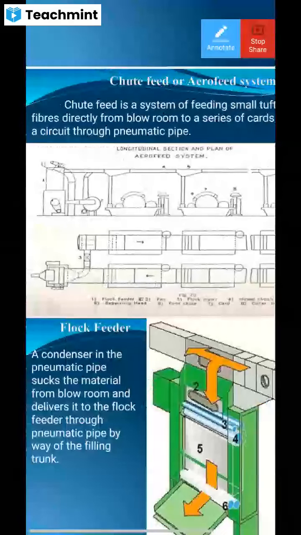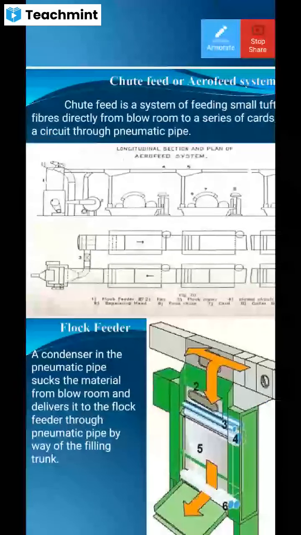One blow room line, one scutcher unit, is able to supply 7 to 10 carding machines. Circuit means a continuous flow of current, here a continuous flow of material, arranged in series form, line form, circuit form.